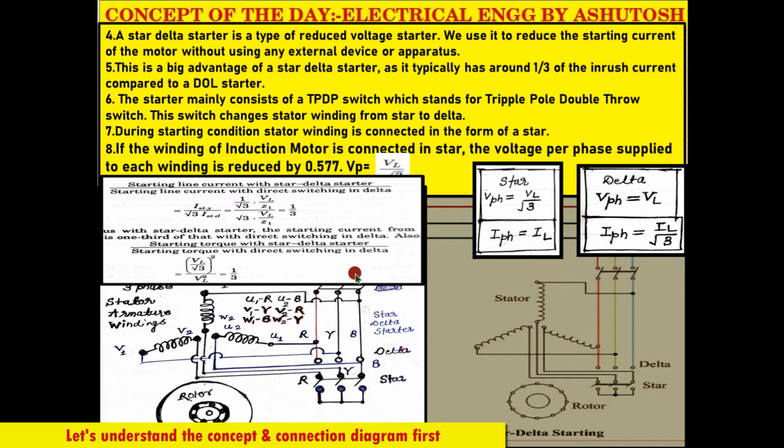Also you can see over here in this derivation, starting torque with star delta starter will get reduced to 1/3 of the starting torque with direct switching in delta connections.